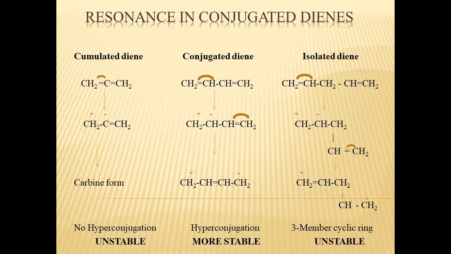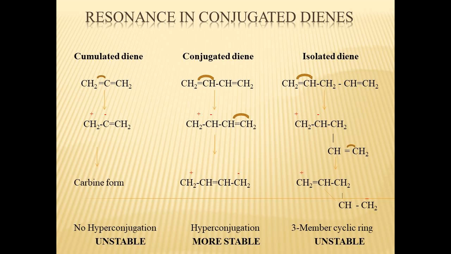Resonance in conjugated dienes. I will show cumulative dienes, conjugated dienes, and isolated dienes. First, the cumulative diene: CH2 double bond C double bond CH2. So the first, second and third carbon.